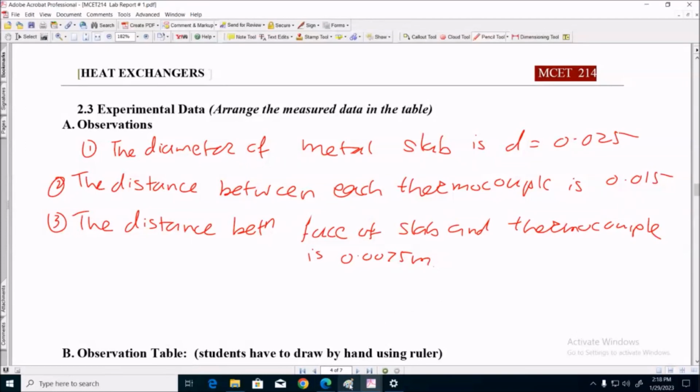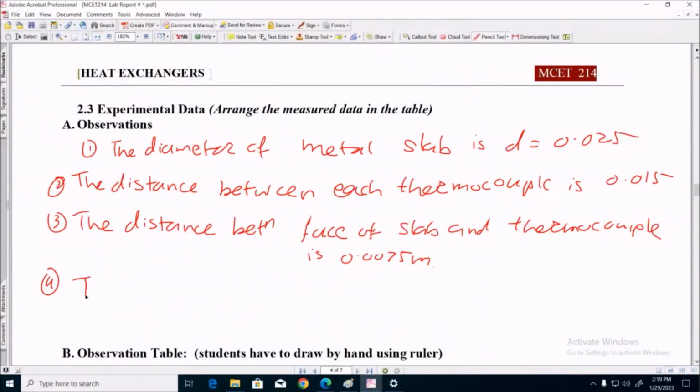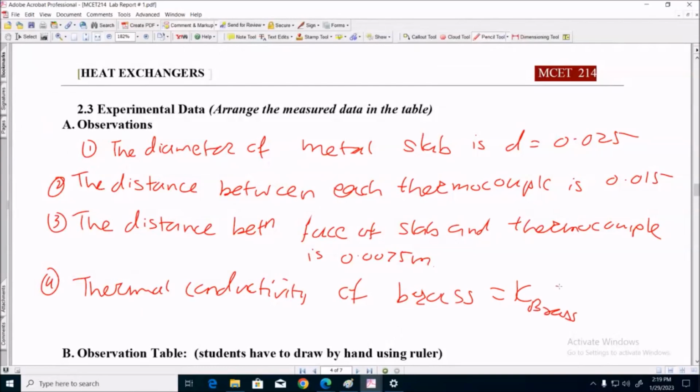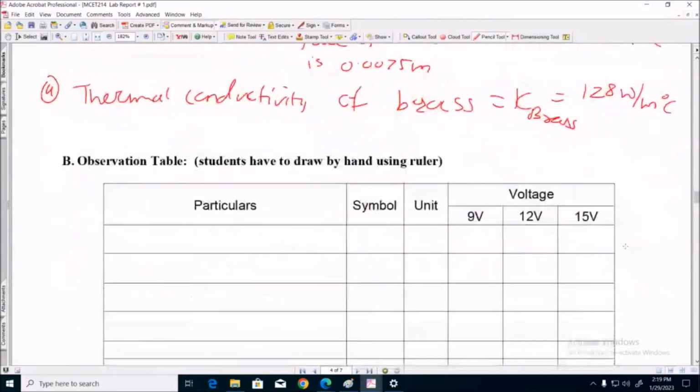That I explain here in the diagram. So this is a face and this is the thermocouple distance. Number 4, the thermal conductivity of brass, K brass, is equal to 128 watt per meter degree centigrade. So these are the observations I took from the lab manual.